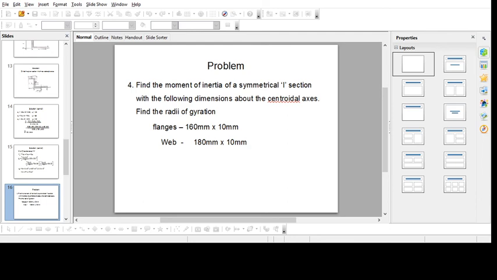See here, what we have done is we did not take x1 equal to x2 equal to x3. We have considered this total as a rectangle, right? So here you can see this entire I section is considered to be a rectangle of length 160 and of height 180 plus 10 plus 10, 20 means 200.